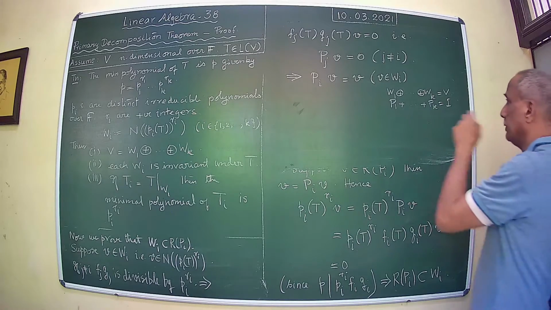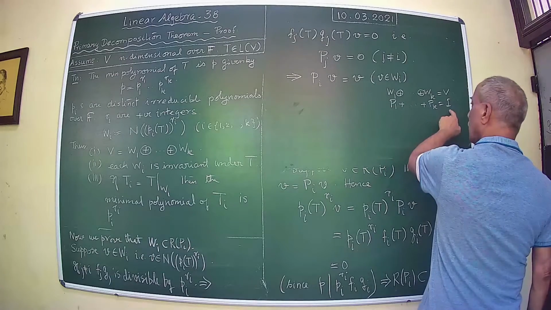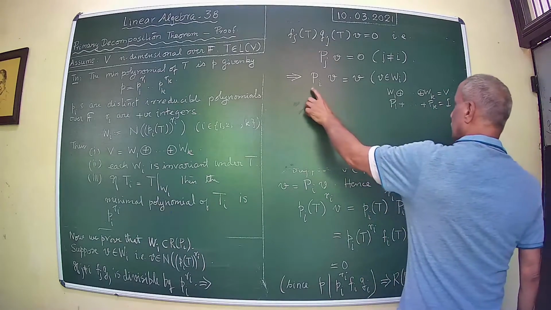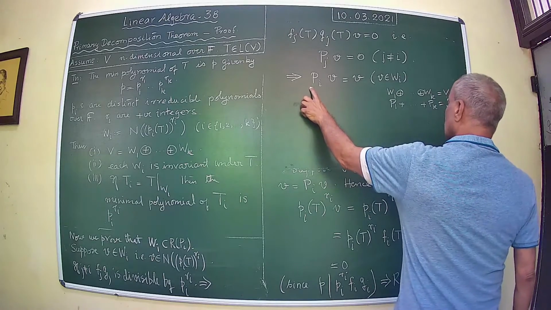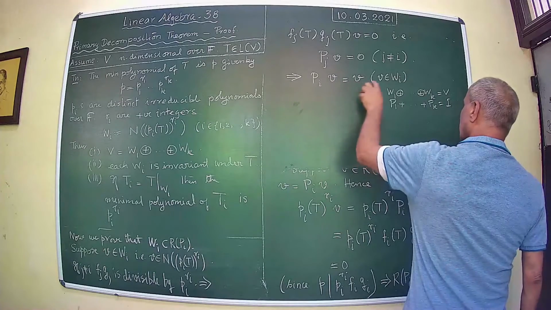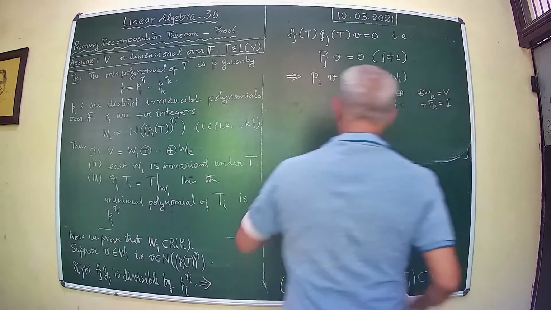So E1 plus E2 plus etc. Ek v equal to Iv, that is equal to v. Therefore, you see that Ej v is equal to 0 as long as v belongs to Wi, but you get Ei v.